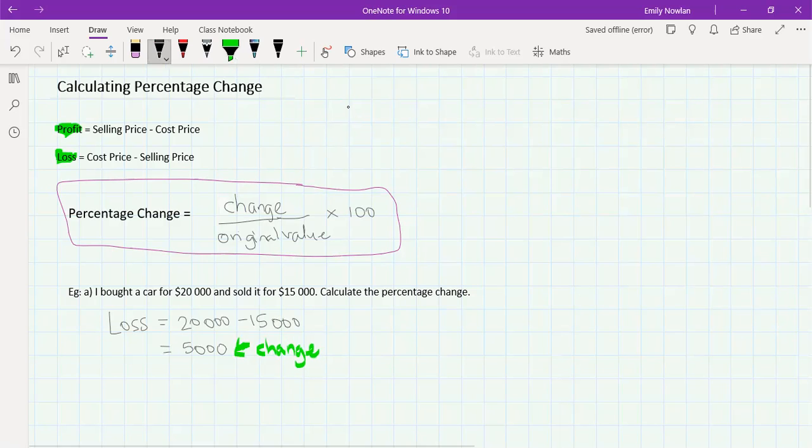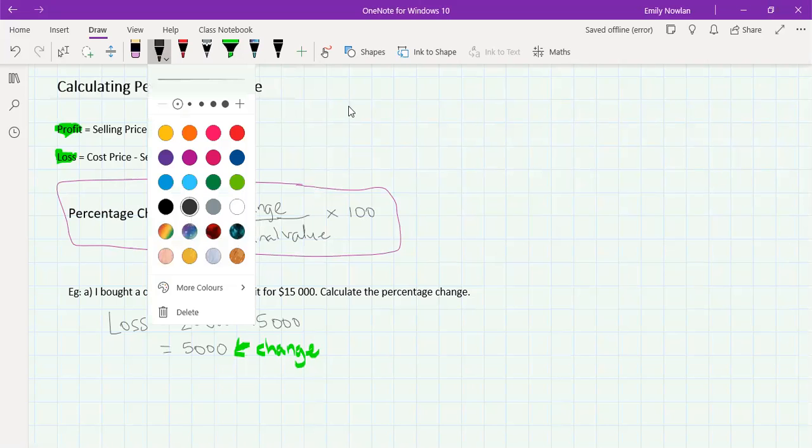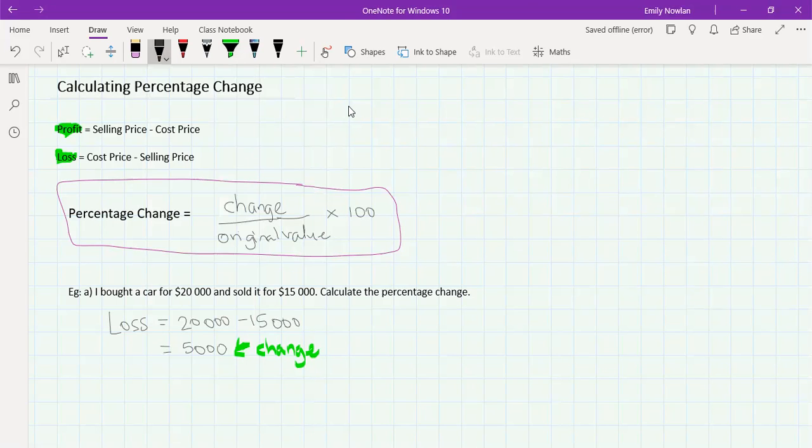Okay, so now we need to work on the formula for calculating percentage change. So percentage change is equal to the change, the value of the change, which is up here. That's in the formula. The value of the change is 5,000 over the original value.